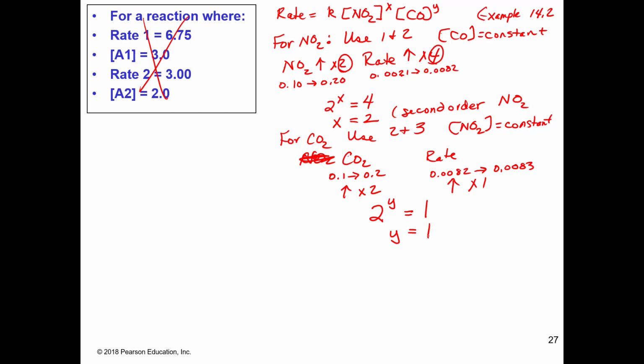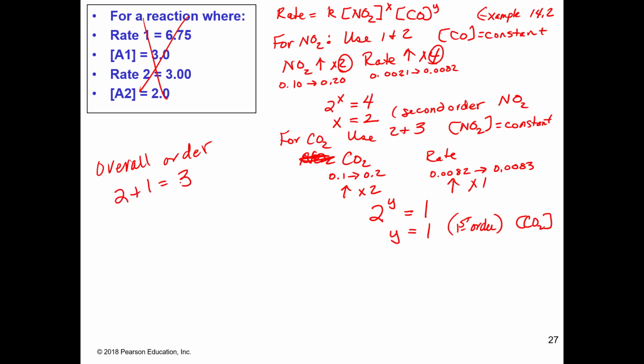So this is first order for CO. So the overall order is what? Come on. 2 plus 1 is 3.